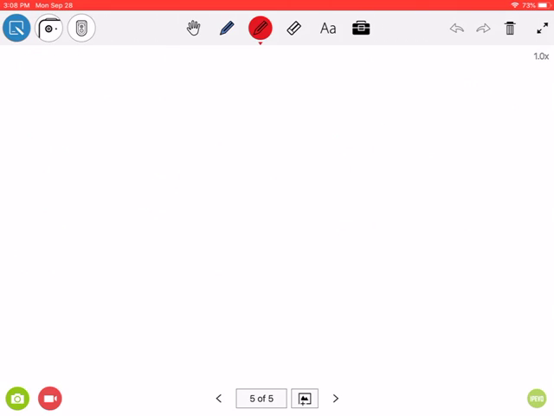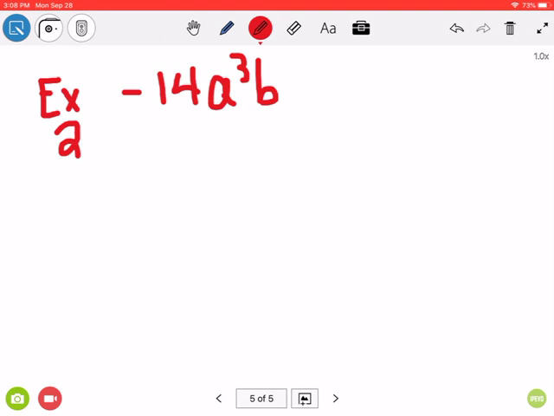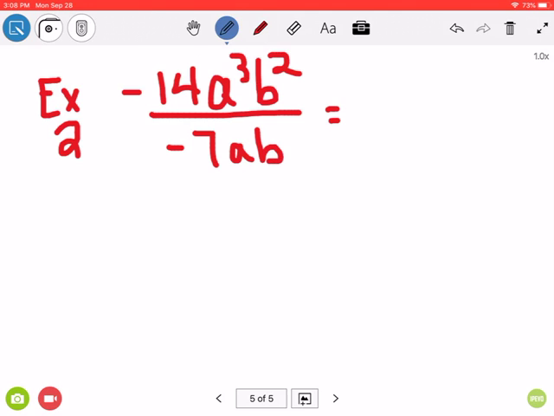Let's take a look at another one. All right, if I had negative 14 a to the 3rd b squared over negative 7ab, I would divide my coefficients. First of all, I would decide, okay, 2 negatives make a positive, so the negatives are gone. My answer will be positive.